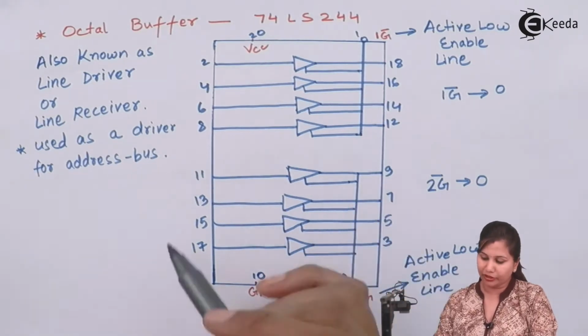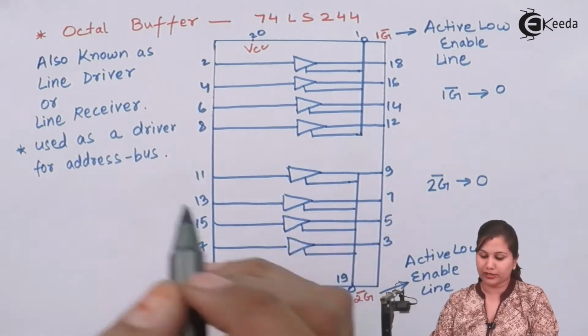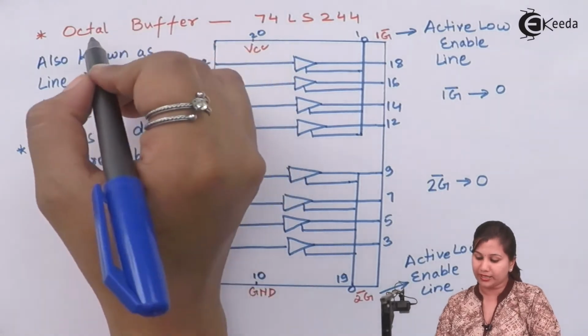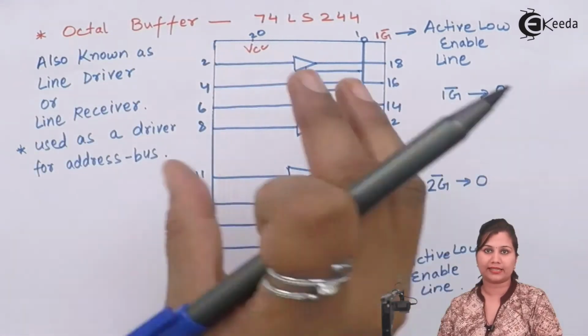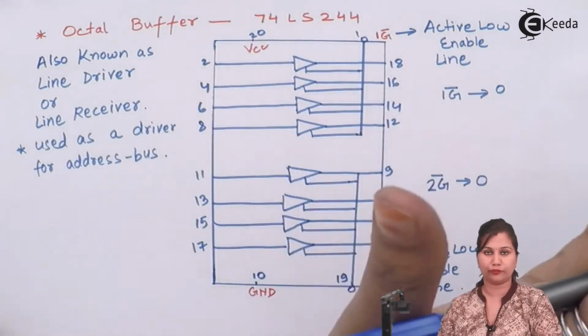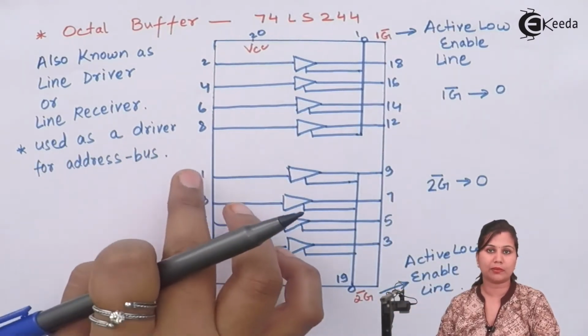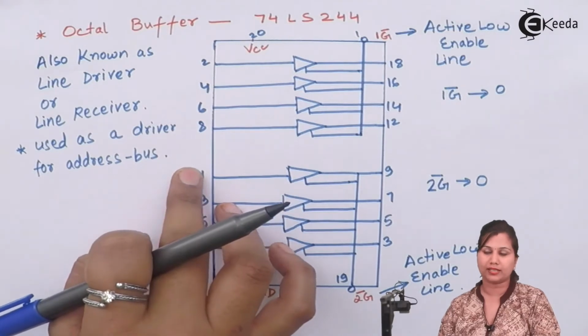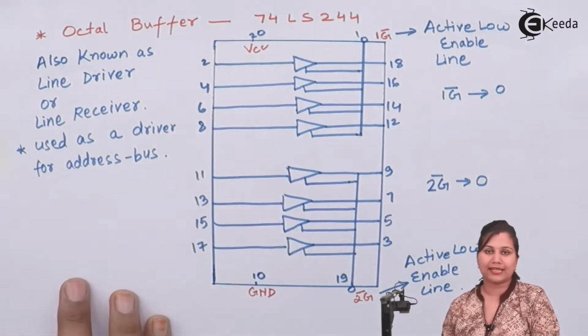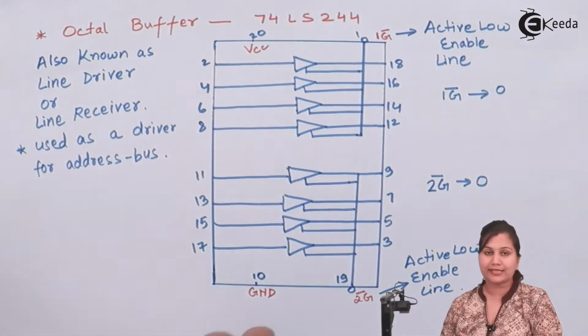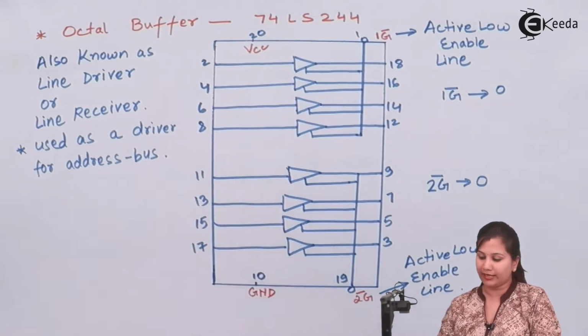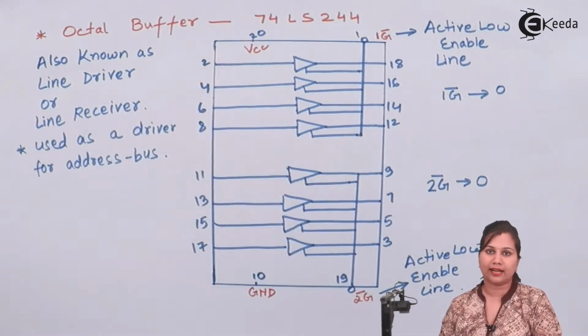So this octal buffer, octal means 8, so 8 buffers are there in this IC 74LS244, and this is used as a driver for the address bus in the bus oriented system. So this is an example of tri-state buffers which are connected in a single IC.